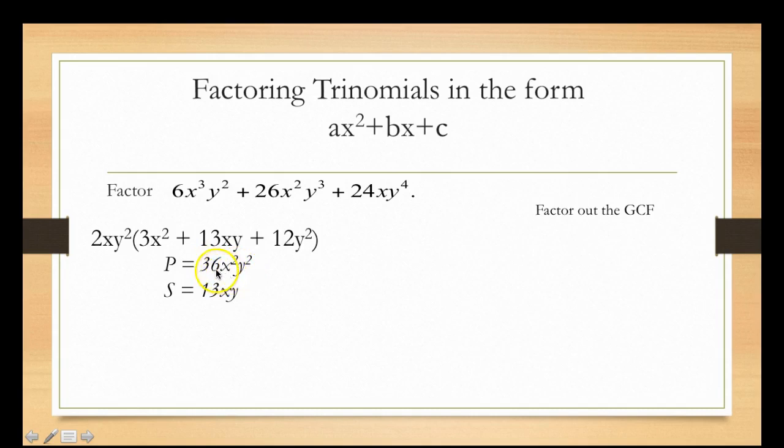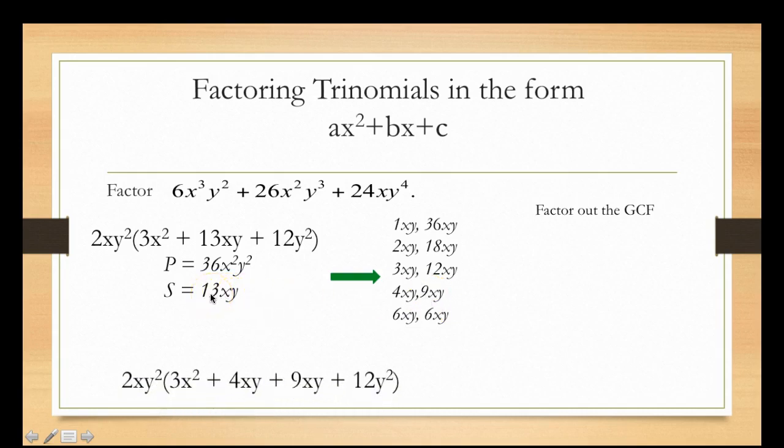Those same two factors you would add together to get 13xy. So here are our possible factors that will give us 36x squared y squared. And if you notice, right here at 4xy and 9xy, that sum will give me 13xy. So that's what I want to use.